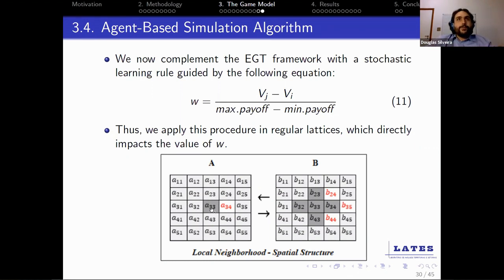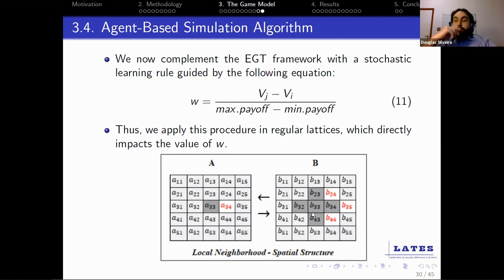So let's say that this firm here is evaluating this possibility to migrate to the UK. And so it will compete with specific neighbors from the rival population. So we set this local neighborhood as the players that are in the same geographical position as A33, but in the rival population. So we have B33, B23, B43, B34, and B32.